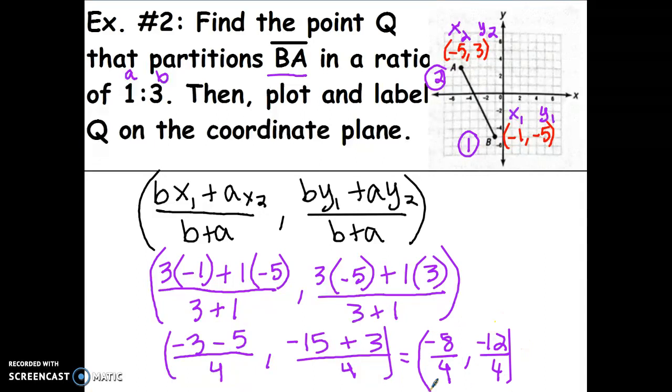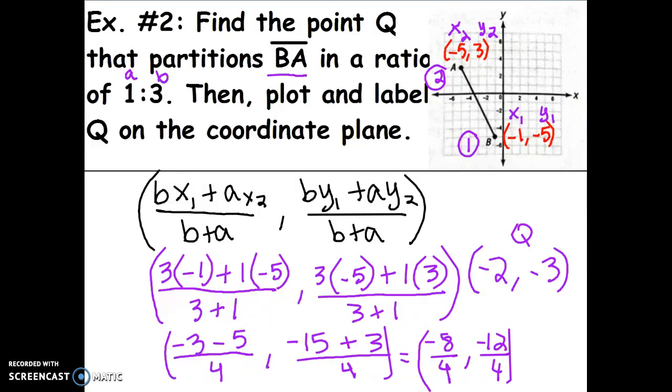Now all we have to do is divide. Negative 8 divided by 4 gives us negative 2, and negative 12 divided by 4 gives us negative 3. That is point Q. So Q is (-2, -3).